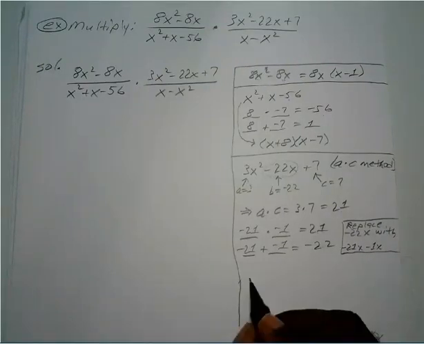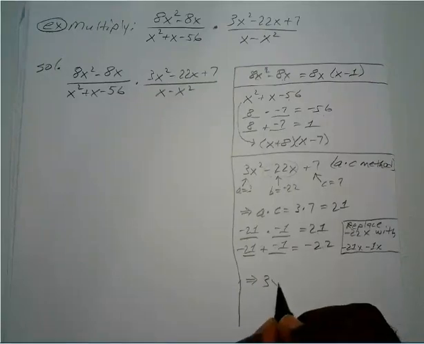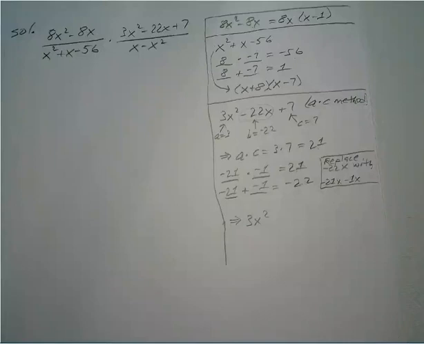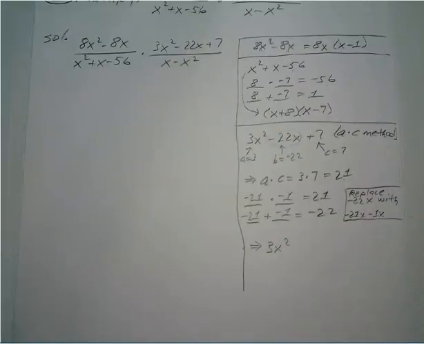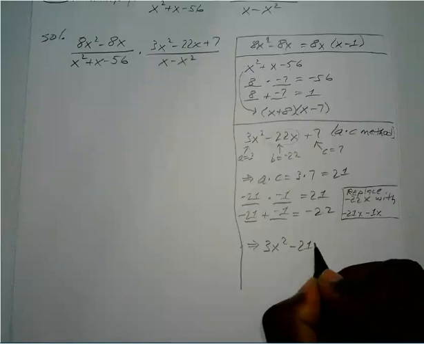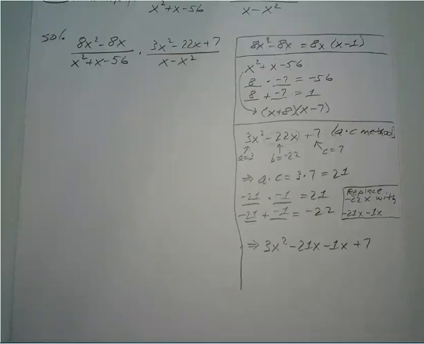So that means this will now become 3x squared, I'll move this up a little bit, there we go, 3x squared minus 21x minus 1x plus 7. Okay. Now we go to our factor by grouping.